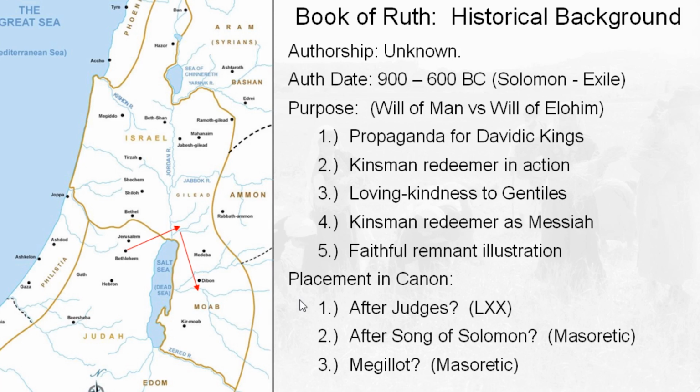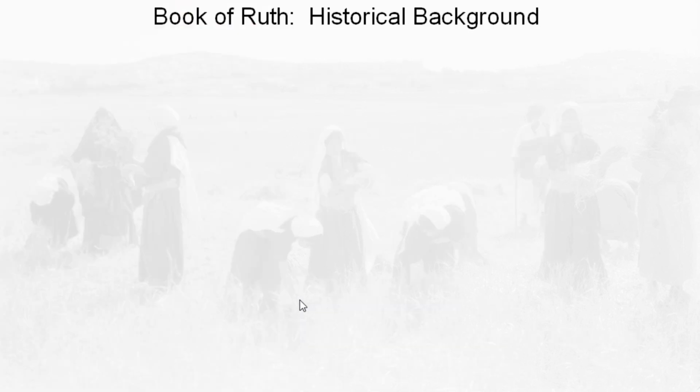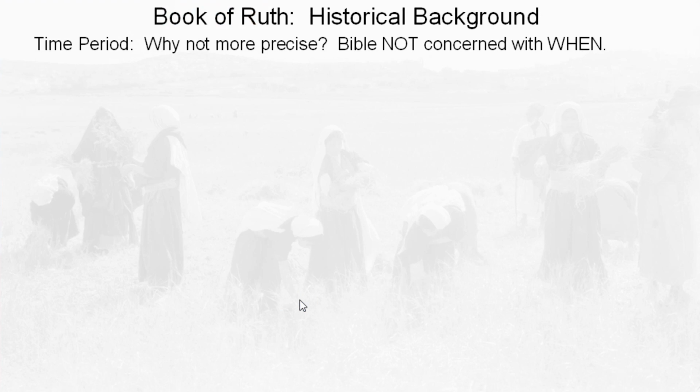Does anybody know when the book of Ruth is read every year in the synagogue? It's in Shavuot. Yep, every year at Shavuot they are reading the book of Ruth, and so this book was added to what's called the Megillot. A Megillah is a scroll. Megillot is the plural of scrolls. Okay?